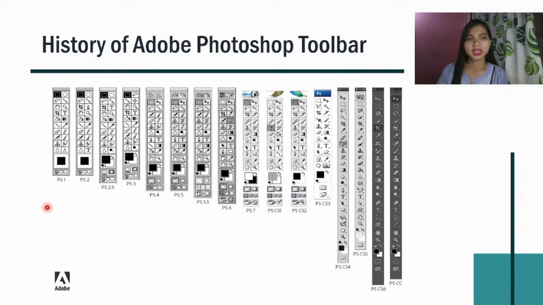Okay, so muna siya ang PS1 tools, 2 tools, okay, 2.5, 3, 4, 5, 5.5, 6, 7, and so on. But the most in-demand toolbox or Adobe Photoshop version is this one, the Photoshop CC.